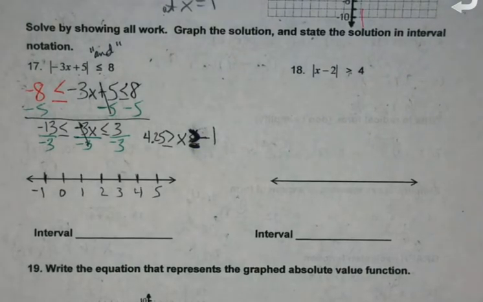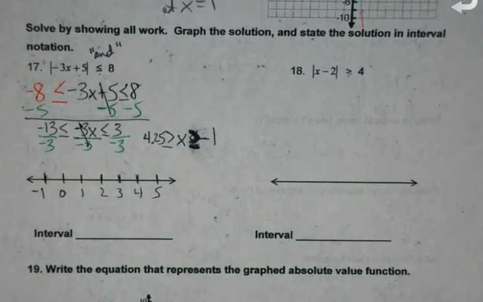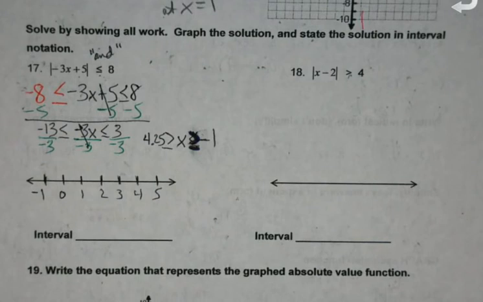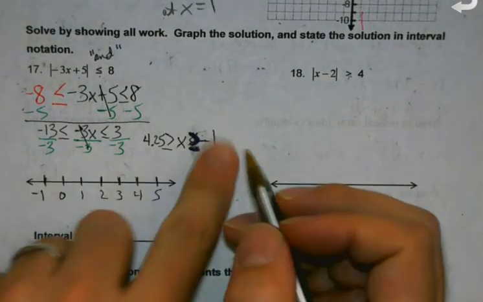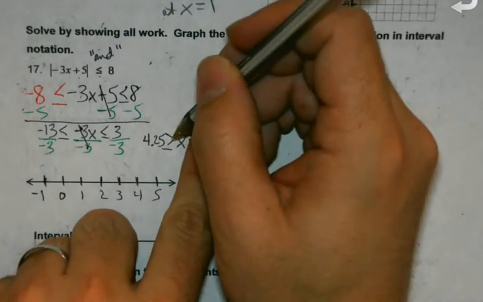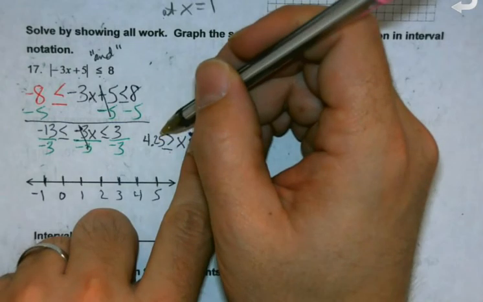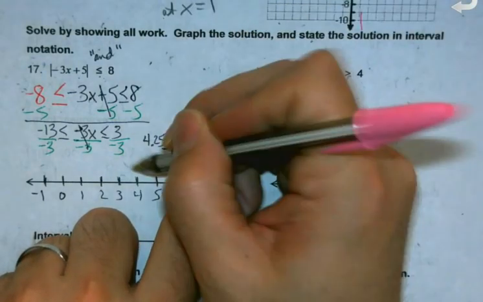Some of you are going to start looking at this, and you're going to want both of your arrows heading to the right because you're just going to follow what you see. But that's not what's going on here. If we take a look at this for a minute, x is less than or equal to 4.25.